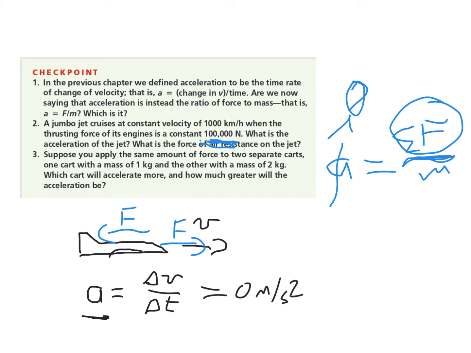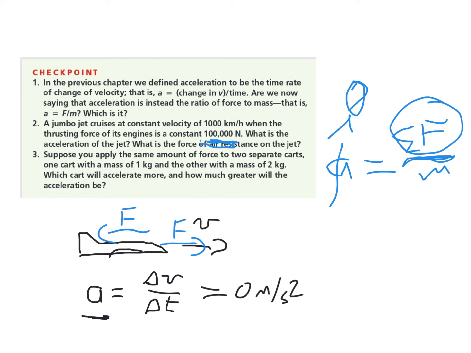And then question number 3 says, suppose that you apply the same amount of force to 2 separate carts. One cart has a mass of 1 kilogram, the other cart has a mass of 2 kilograms. Which cart will accelerate more, and how much greater will the acceleration be?